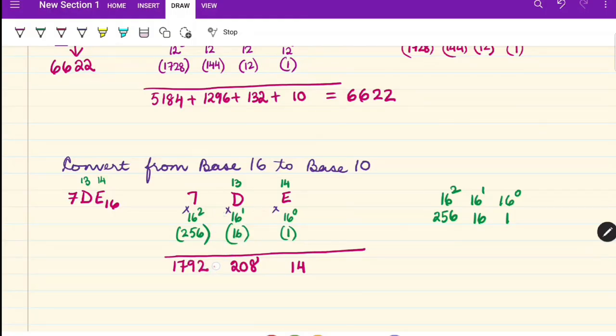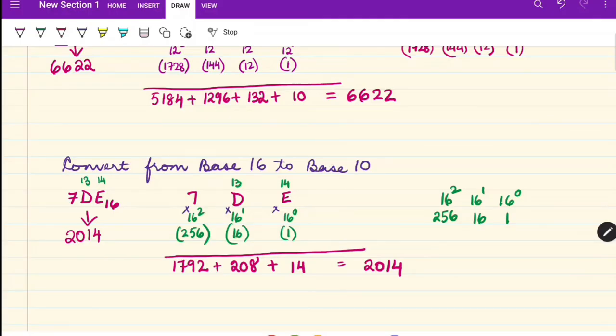And then we just add them all up for a value of 2014. So when the hexadecimal number 7DE is converted to decimal, it has a value of 2014.